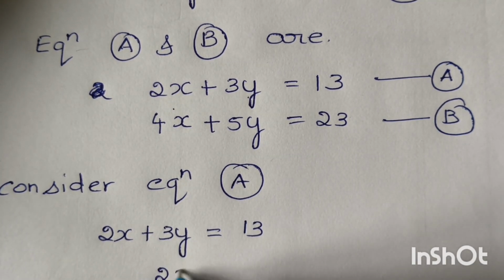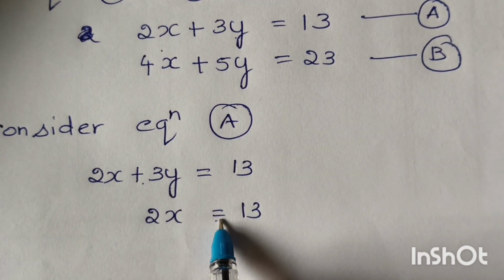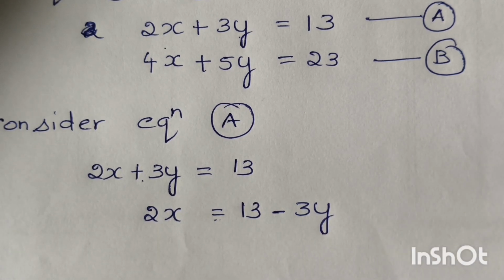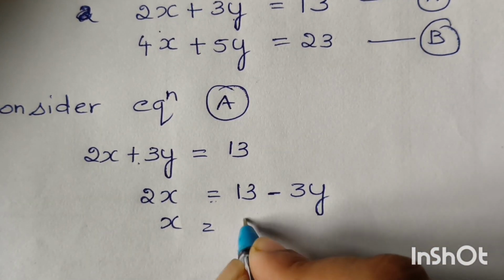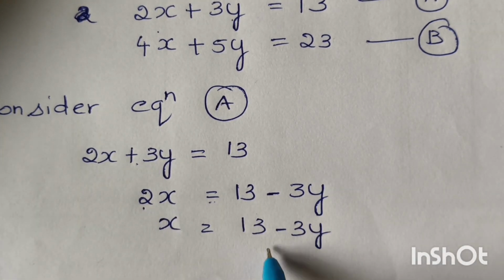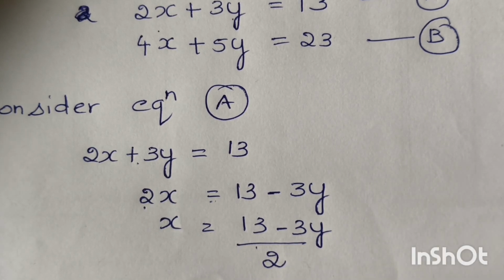Now 2x is equal to 13 plus 3y; when it crosses the equal to sign, it will become minus 3y. x is equal to 13 minus 3y into 2; when it crosses the equal to sign, it will become divided by 2.